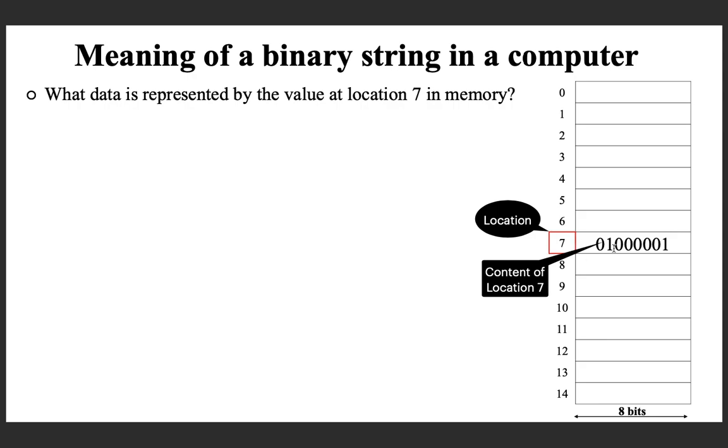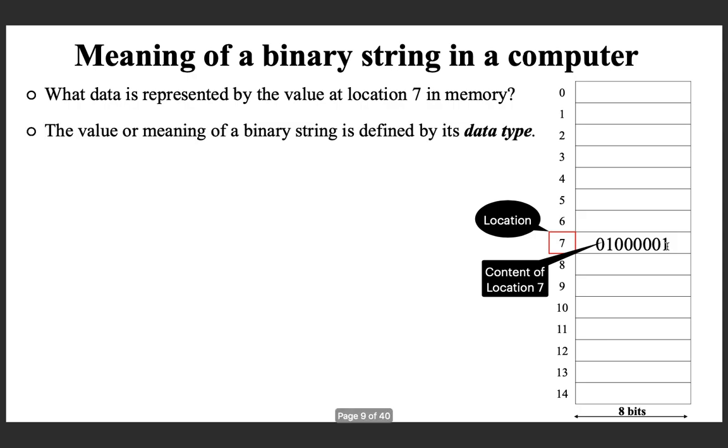At location 7 we have 01000001. It's a binary string, and what is it representing? It may be representing a number or a character, or a pixel in an image, or it could be a part of a video also. So we don't know.